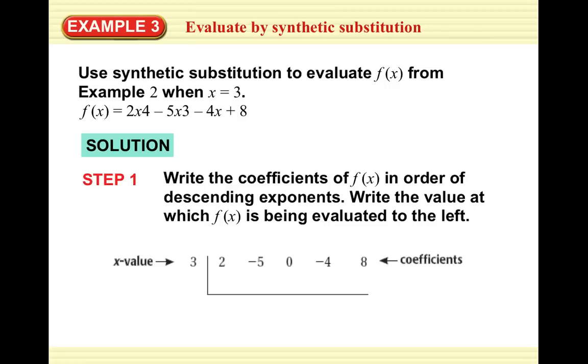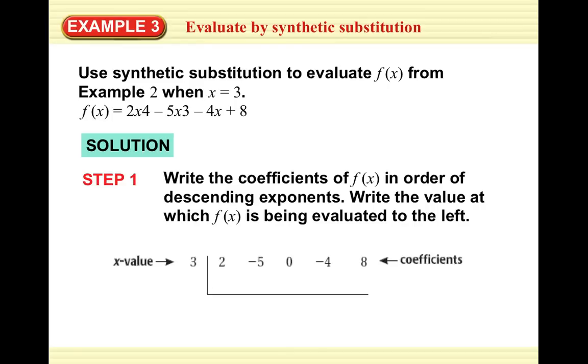So first thing we're going to do is write the coefficients of the function in order of the descending exponents. And then write the value for which we're evaluating the function to the left. Now notice that there's a 0 in there to represent the x squared. We went 2x to the fourth minus 5x to the third minus 4x.